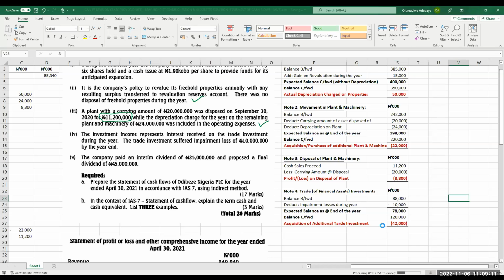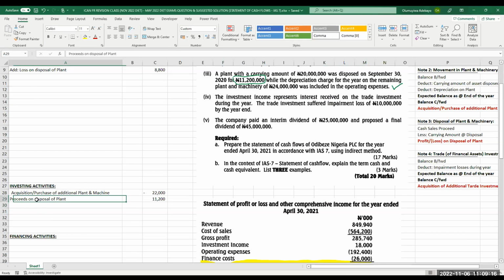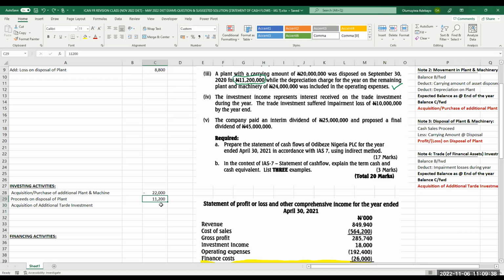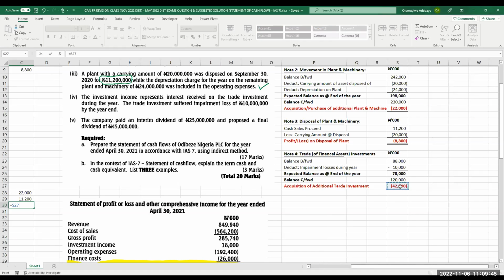Okay. Therefore, we quickly go to investing activities and say acquisition of additional. Okay, so let me just link it together. And how much is that? Addition 42,000.